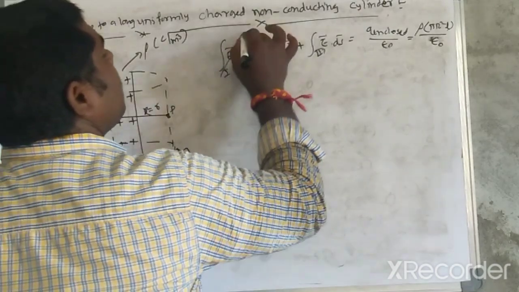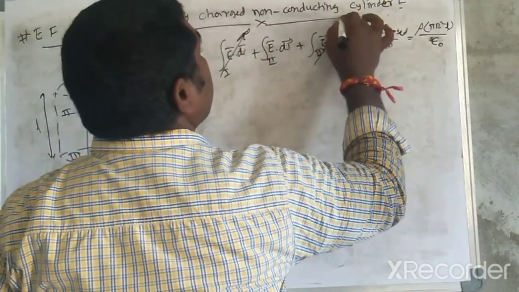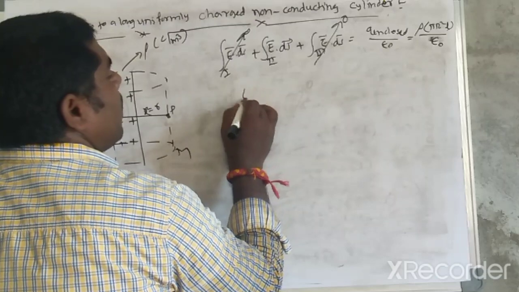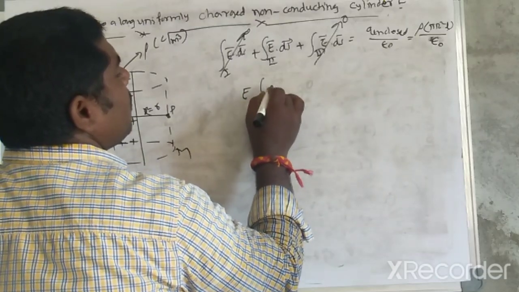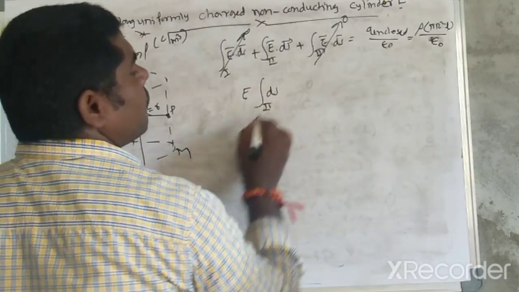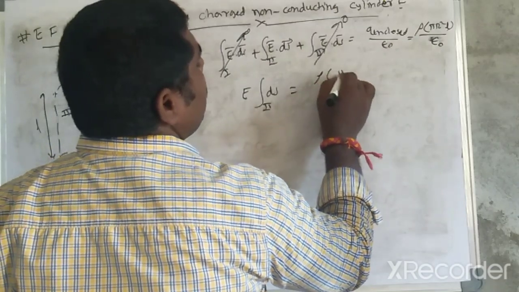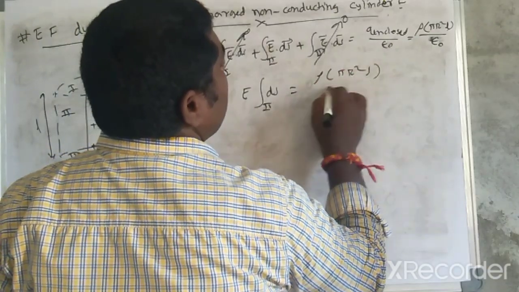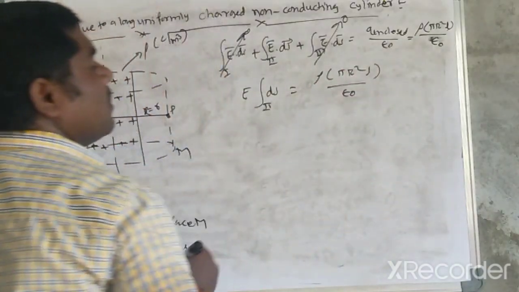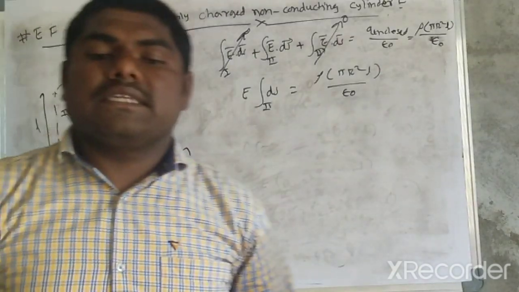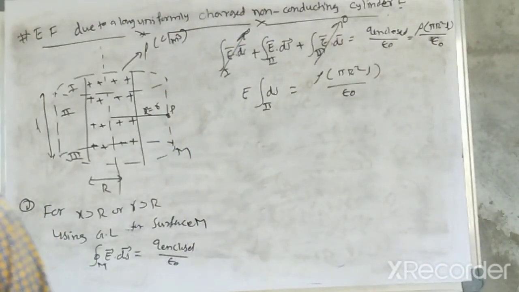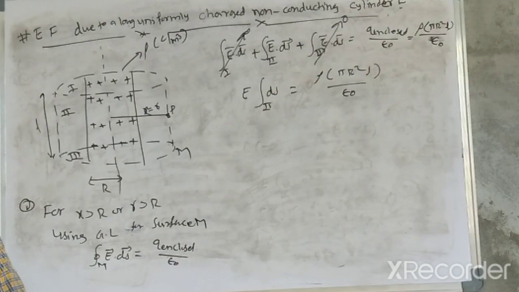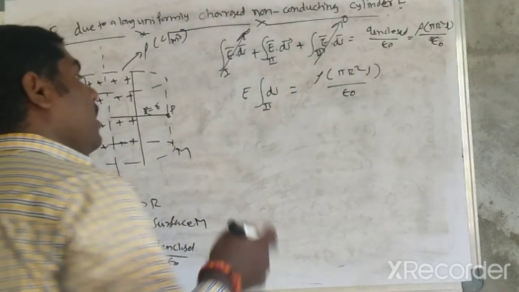So this one becomes 0, and this one also becomes 0. So the electric field you may write out of the integral. For the second surface it is equal to rho into pi r square L divided by epsilon naught. Integral ds is nothing but the area of the cylinder, which is 2 pi RL.